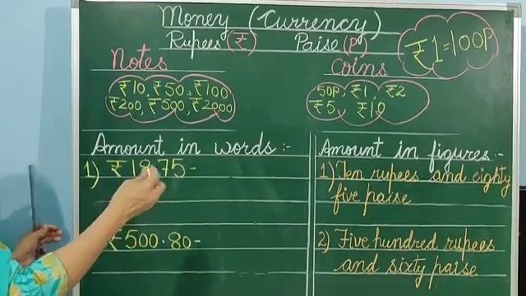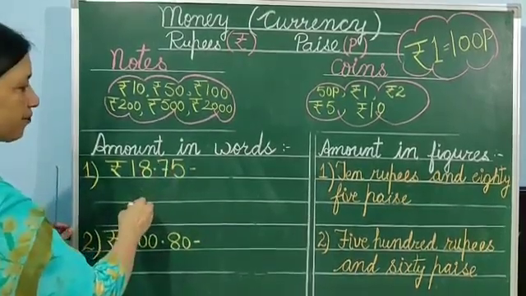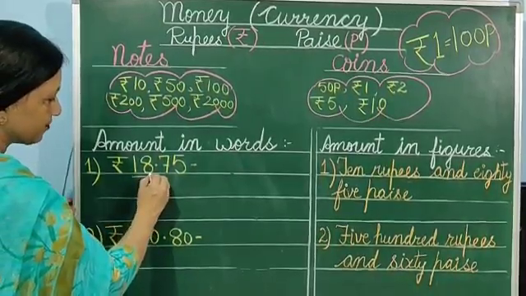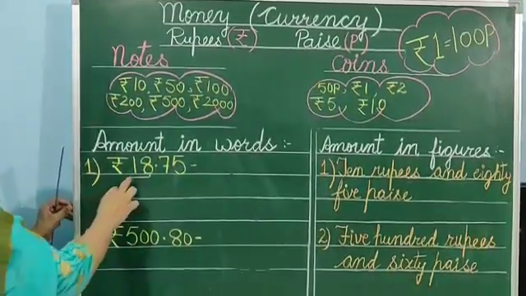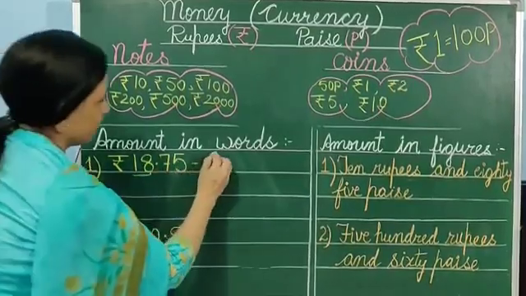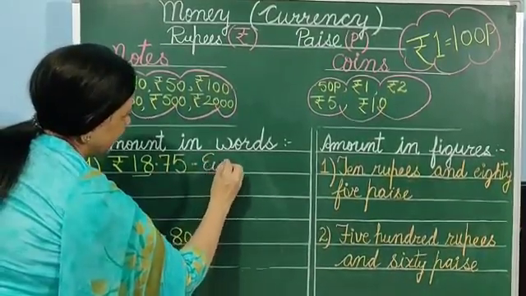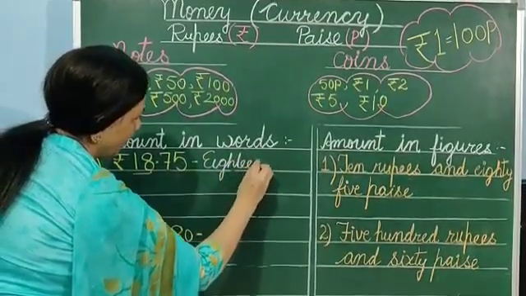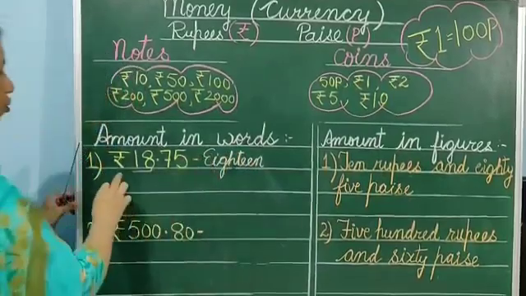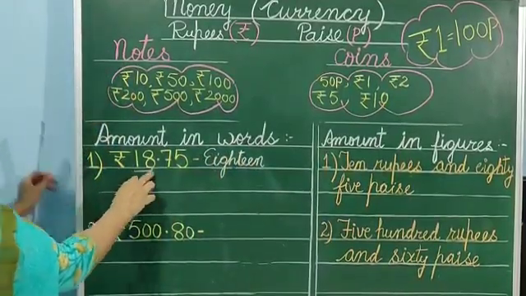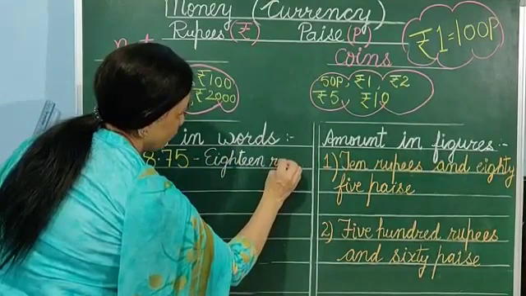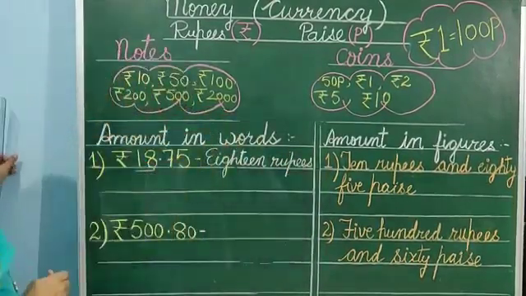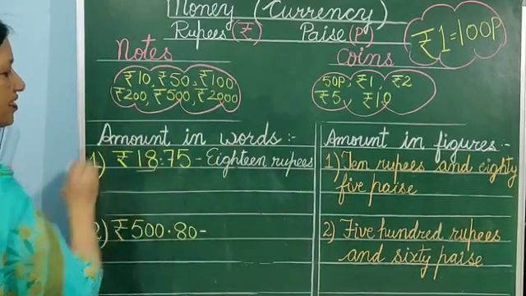Now whenever we write any amount in words, first of all this figure is written in words. What is this? 18. 18 rupees. This dot represents paise.